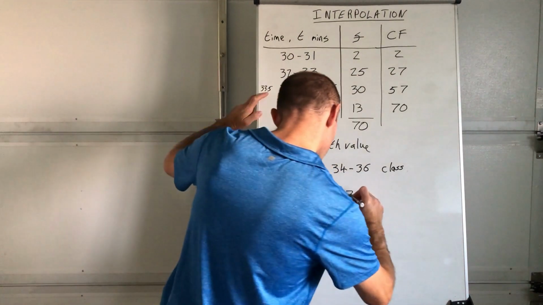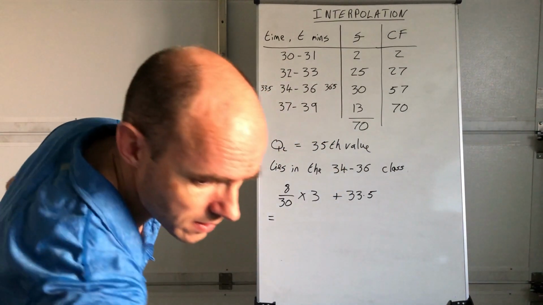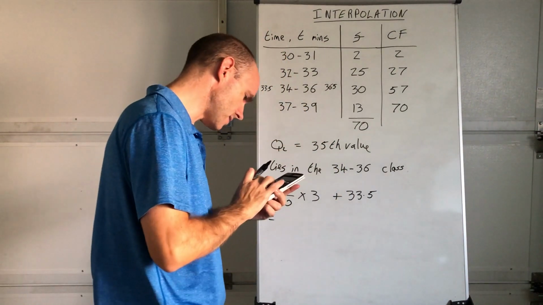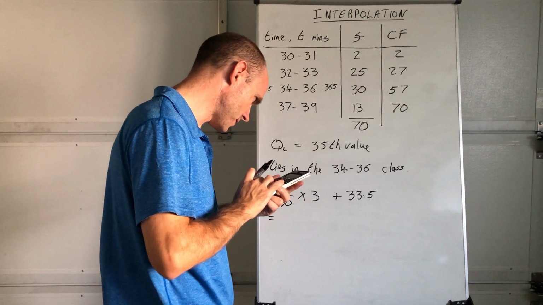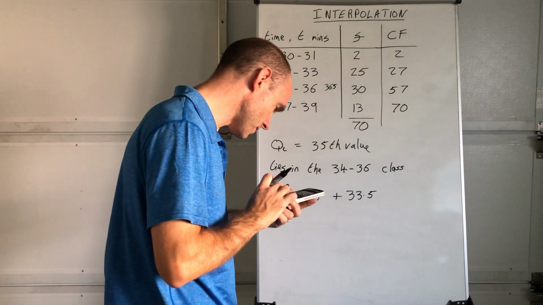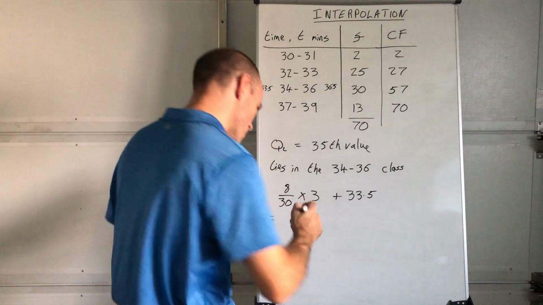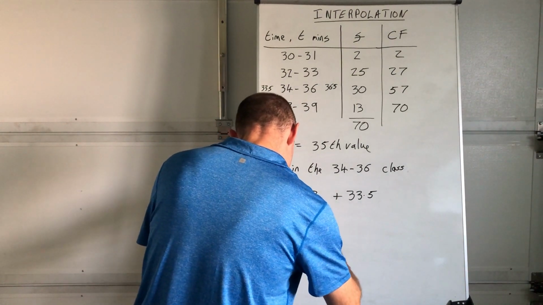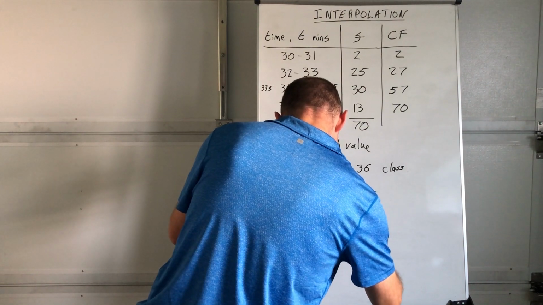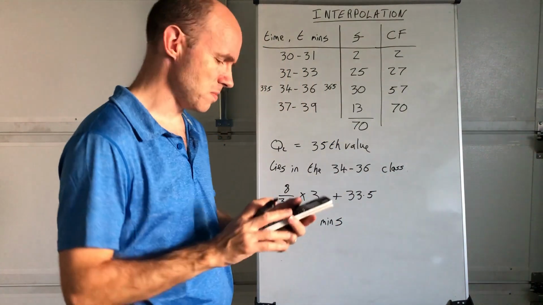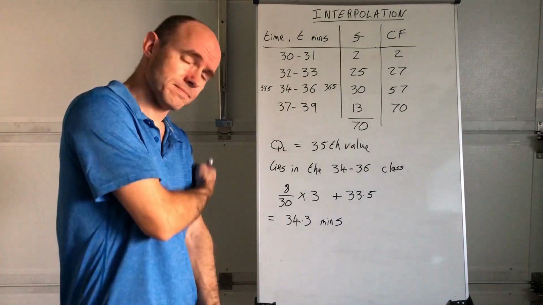So 33.5 there, and then we work out what that is. 8 divided by 30, multiplied by 3, plus 33.5, and that turns out to be exact actually, 34.3 minutes. Hope you agree with that. 34.3 minutes, and that's the median done.